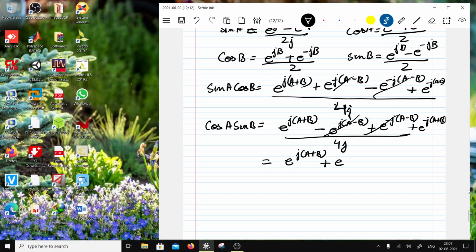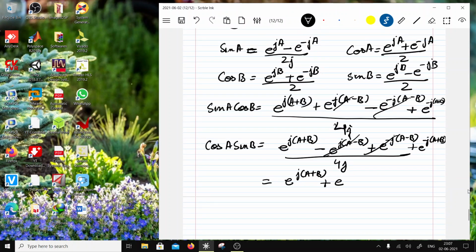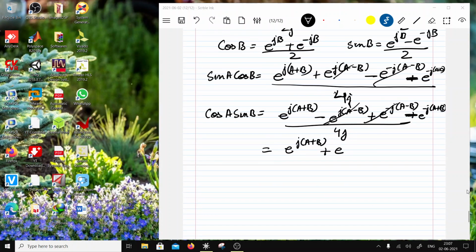The last term on multiplication is going to be a negative term, so there will be a minus sign.